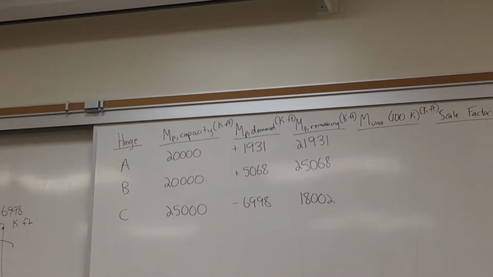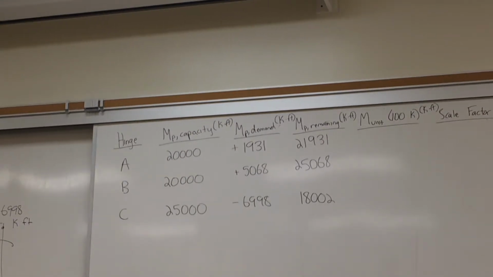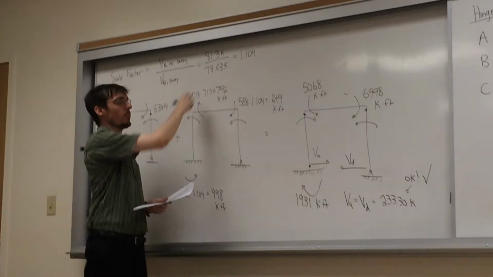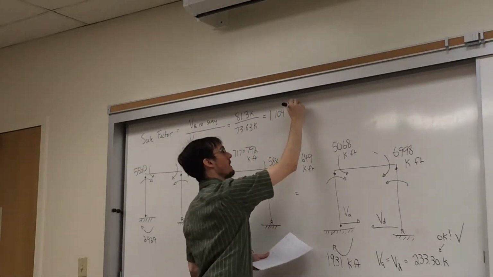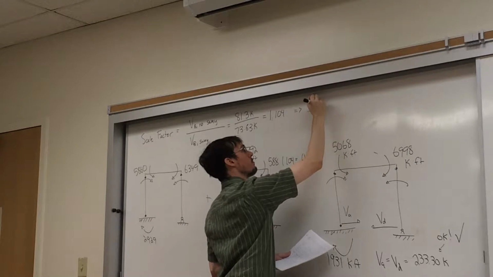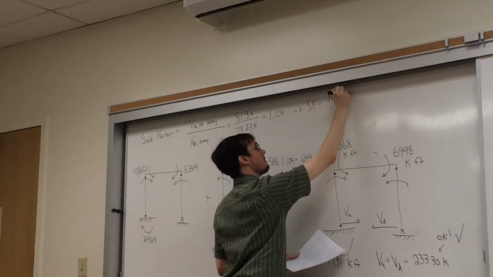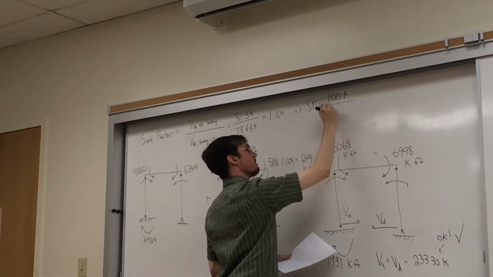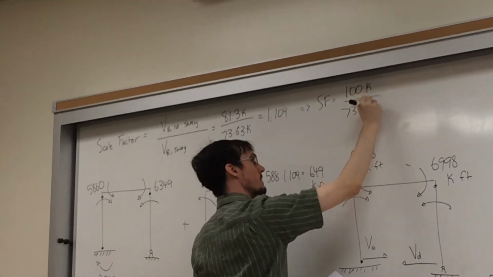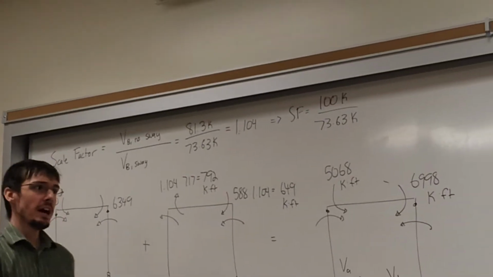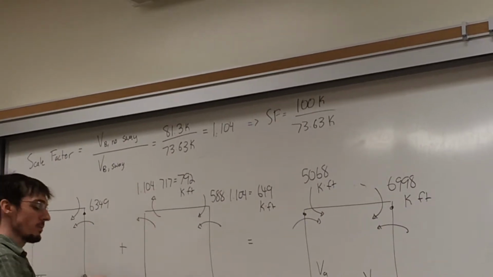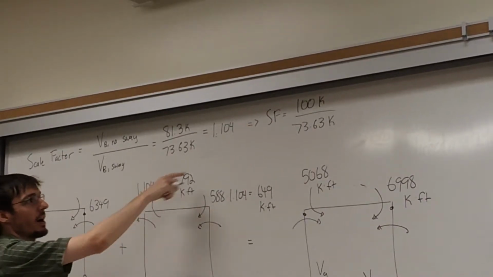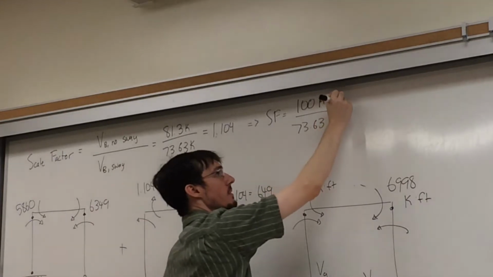So then for a unit lateral load, I just took this 73.63 kips, and I developed a scale factor like so. And then I just scaled these moments. Instead of by 1.104, I scaled them by whatever this turned out to be.